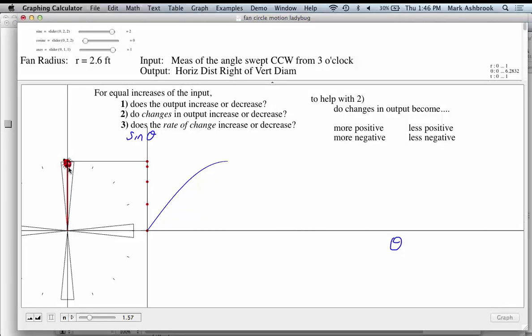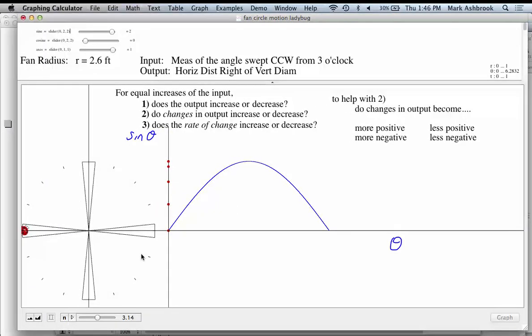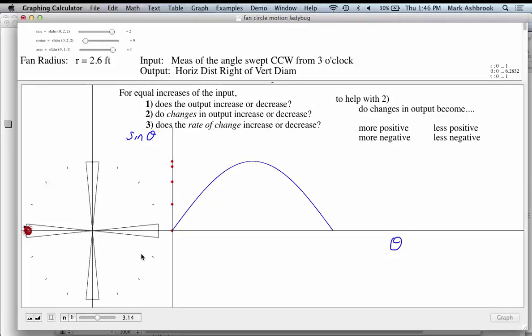So the vertical distance will go from what to what? 1 to 0. Right? It starts at 1 at pi over 2, and then it decreases to 0 once you get to pi, because we're not above at all, right? We're at 0.